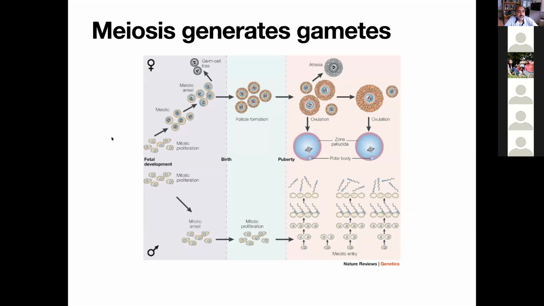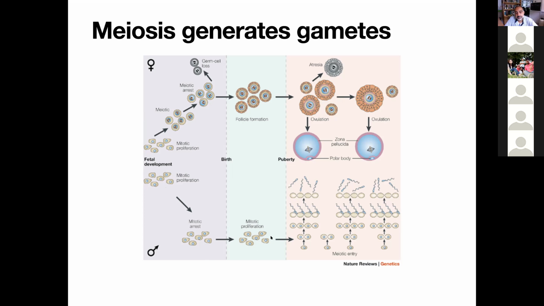So thinking about this, let's think about how both oocytes and sperm are generated. The precursor cells for both oocytes and sperm undergo a period of slight mitotic proliferation. At this point, if you're an oocyte, I'm going to talk about this a little bit more, but sperm will just go straight into meiosis and generate these sperm.